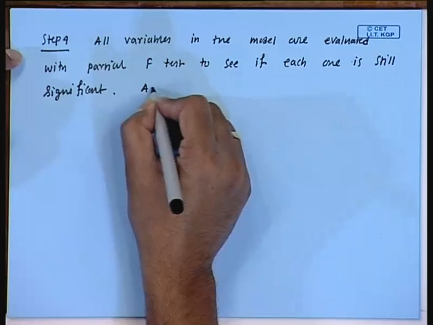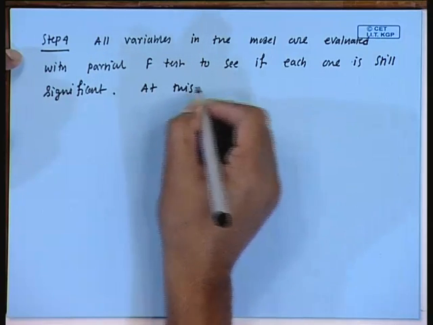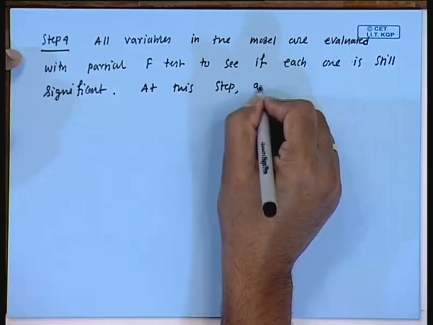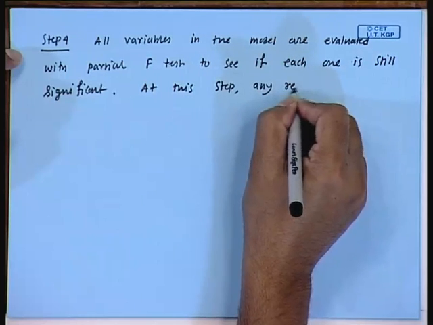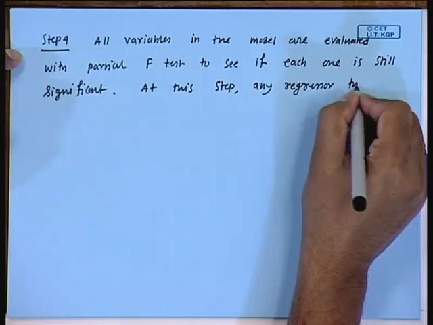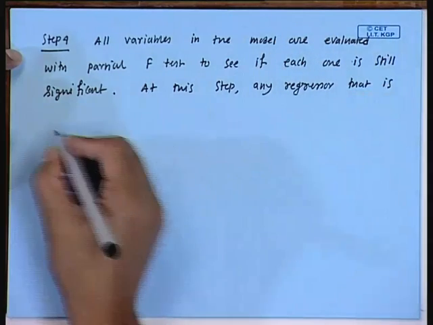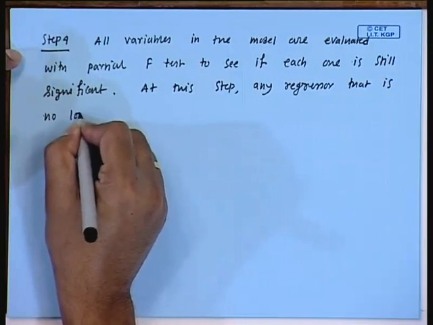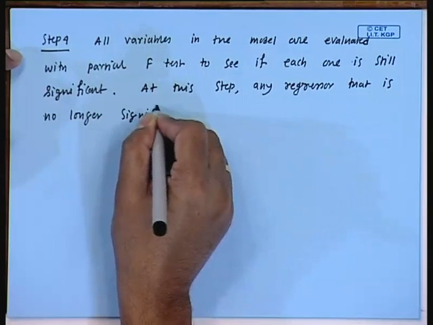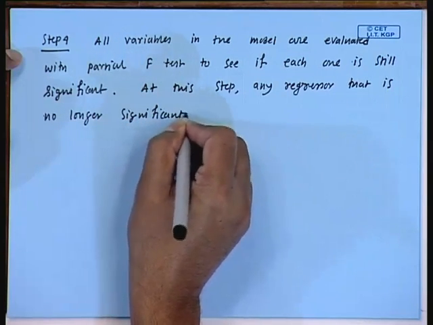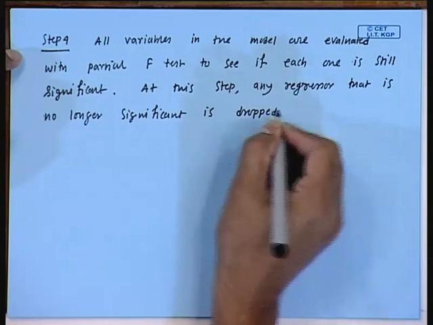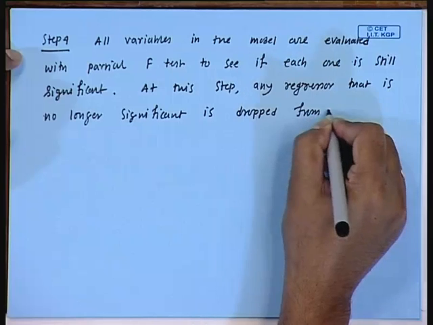And at this step, any regressor that is no longer significant is dropped from the model.